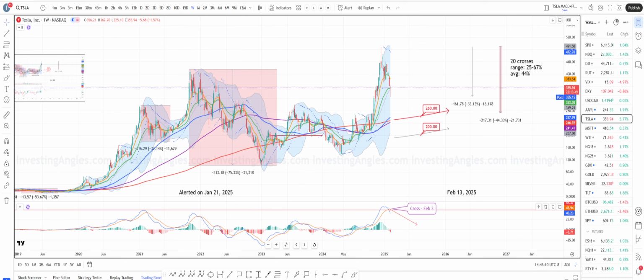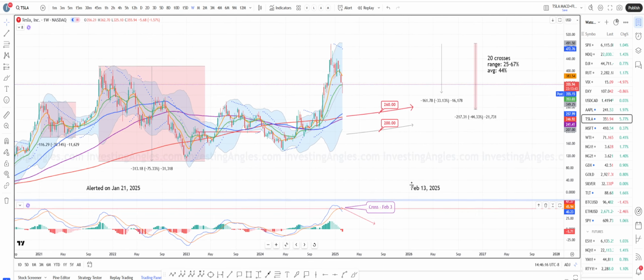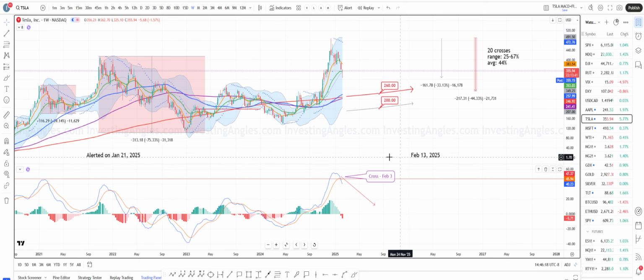And finally, let's have a look at Tesla. What we are seeing here is, first of all, technicals. We discussed this multiple times already. Tesla formed a bearish MACD cross on the weekly frame. I'd like to emphasize that this cross happened on February 3rd, and it was of a record magnitude, the highest ever.